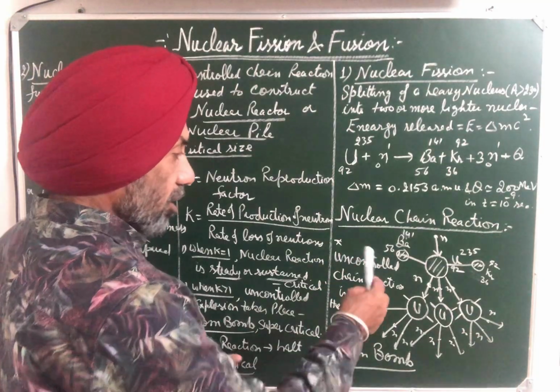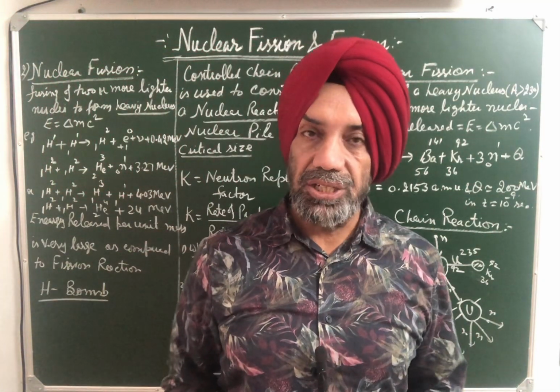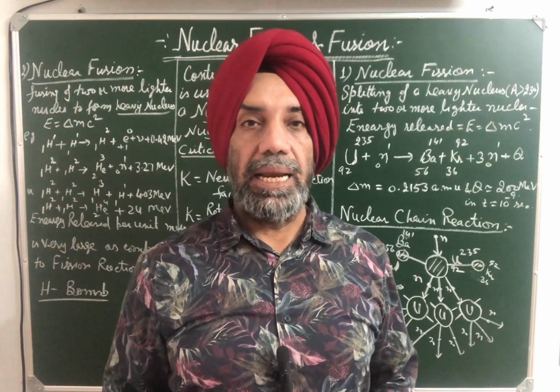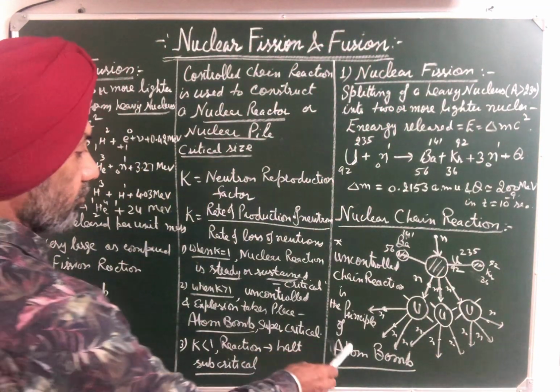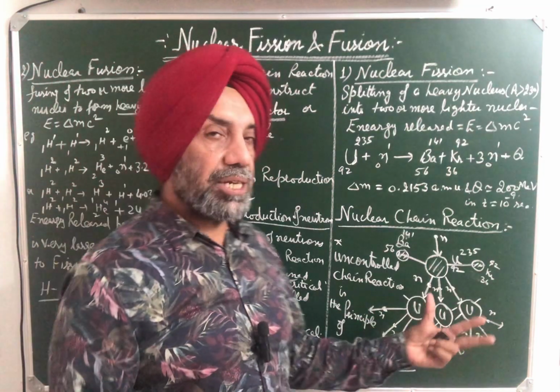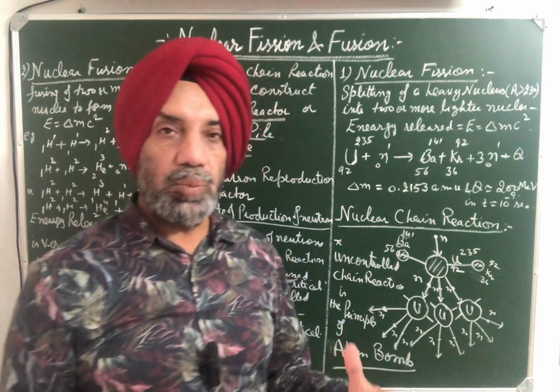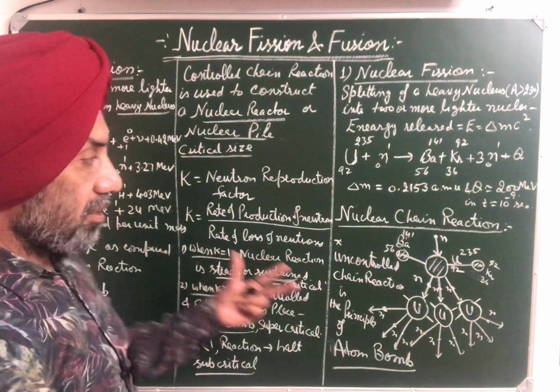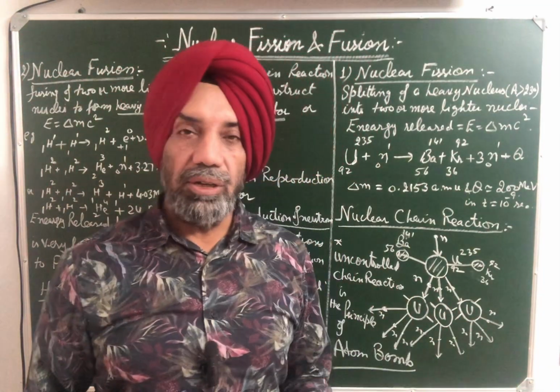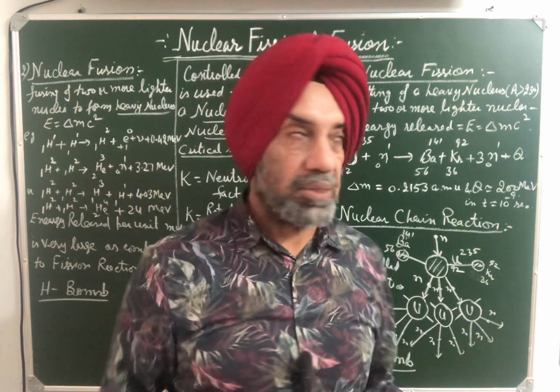This uncontrolled nuclear chain reaction is the principle of an atom bomb. Now, when we control this nuclear chain reaction, it can be used for constructive purposes. And if it is uncontrolled, it is only used for destructive purposes.